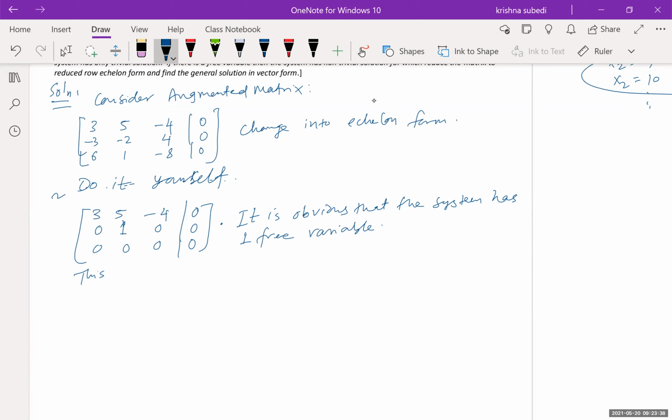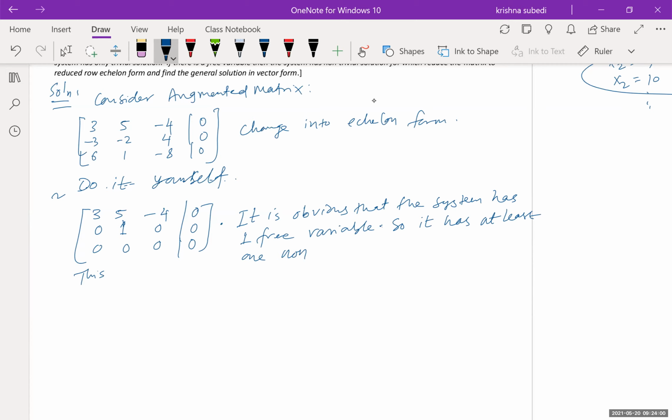Okay, so if the system has a free variable, then it must have a non-trivial solution as well. So it has at least one non-trivial solution. It will definitely have the trivial solution.